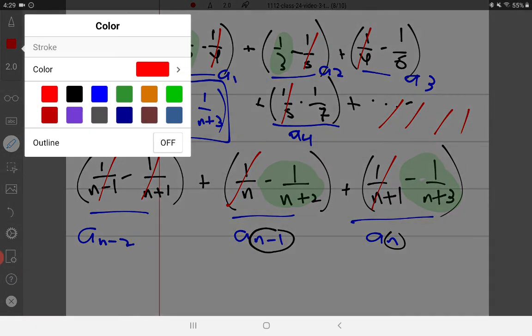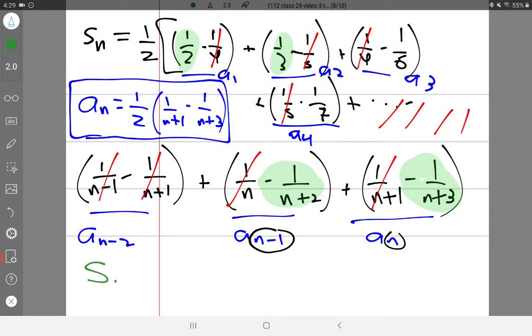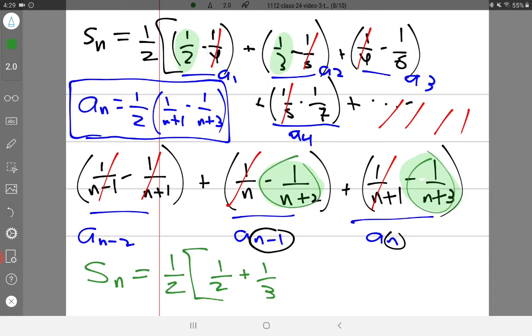So let me write that all out right here. It appears to be that S sub n is 1/2 times in front a 1/2 plus a 1/3. Those are those 2 fixed numbers that I keep having lurking around, and then minus these two things right here that depend on n.